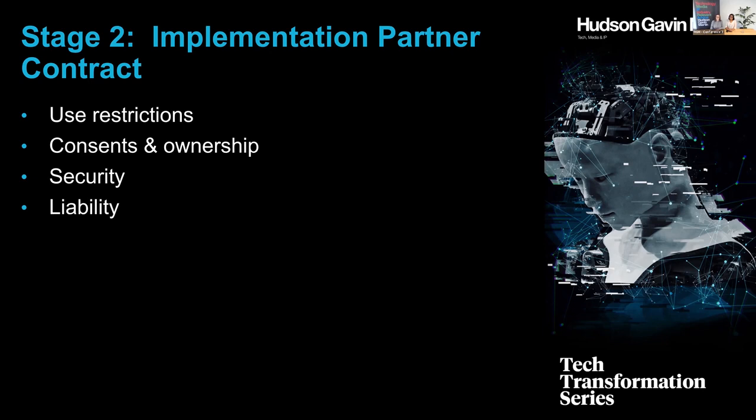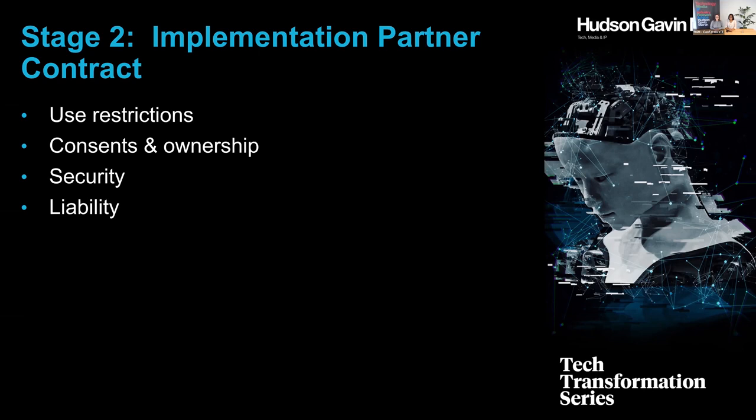So from an implementation partner's perspective, I would be looking for an assurance from the customer in relation to the customer data that it provides to me, or that I will have access to in order to provide the services. That assurance will be along the lines that the customer has the rights and the consents that it requires in order to allow me to access and use that data to perform my obligations.